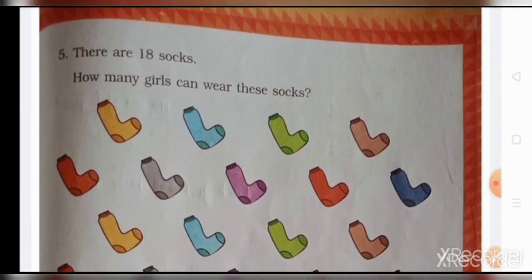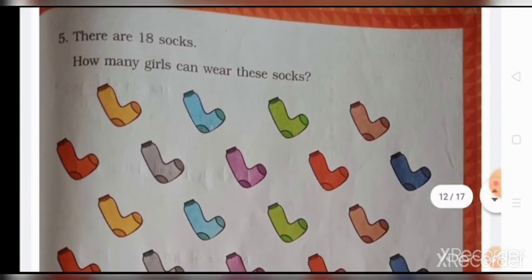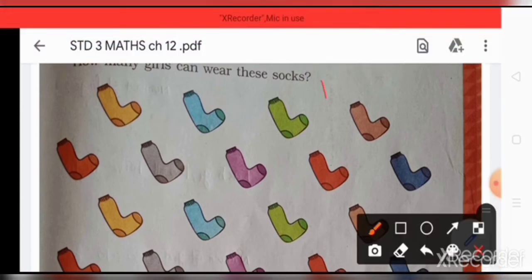There are 18 socks. How many girls can wear these socks? That means one pair of socks. How many in one pair of socks? 2. Then total how many socks are there? 18. That means 18 divided by 2.